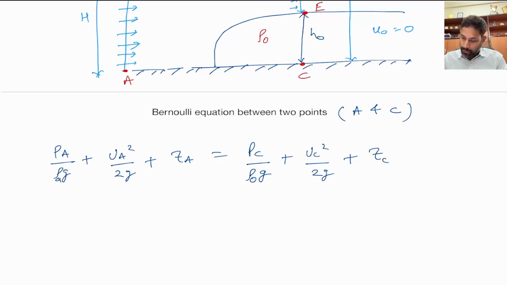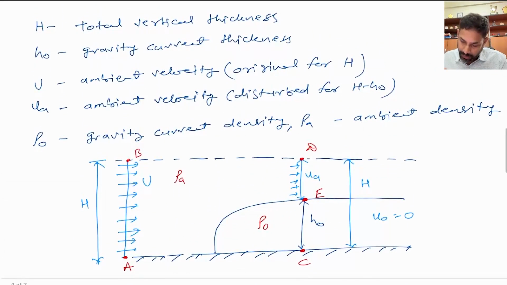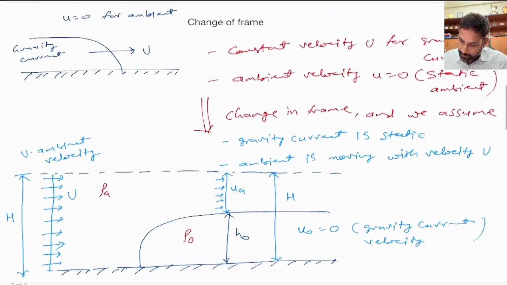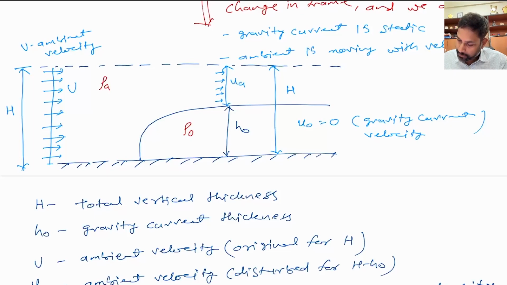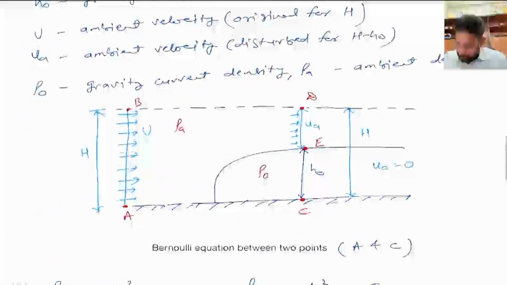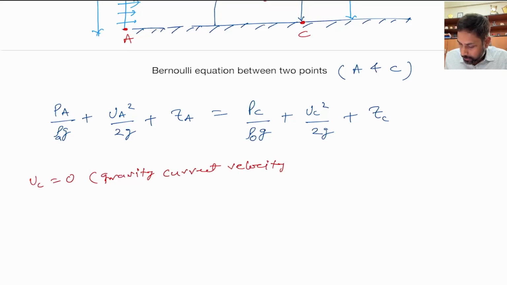So here we know that velocity UC is 0, as we have assumed velocity of the gravity current to be 0, right? We are assuming gravity current velocity is 0 at this point, and that is why this term will become 0.